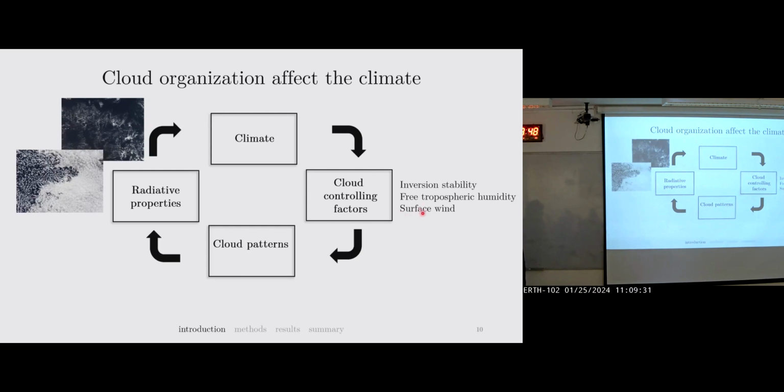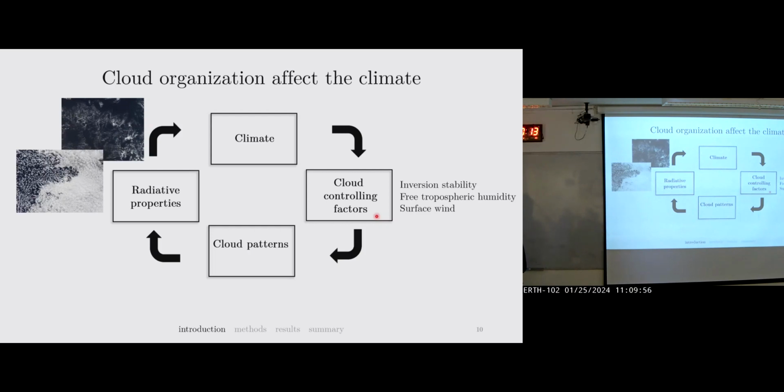I listed a few here. So the inversion stability, for example, the humidity in the free troposphere, and the surface wind, and so on. These different parameters then dictate the cloud patterns, and we see from what we saw before that the cloud patterns are intimately related to the radiative properties, which will, of course, affect the climate.